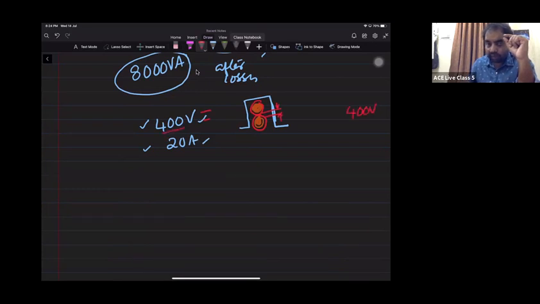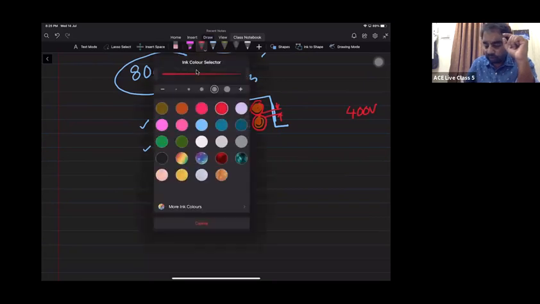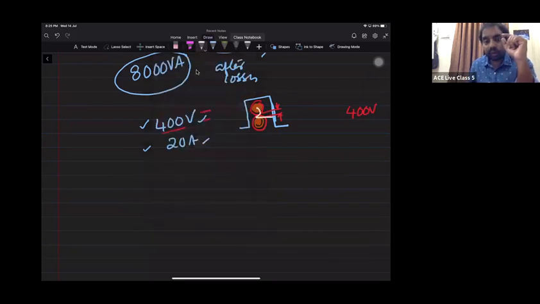What does the nameplate say? My dear customer, my dear end user, please see that you are not applying a voltage of more than 400 volts. The reason is, if you apply more than 400 volts, the insulation coating on the conductor may not be able to withstand such high voltages, and a flashover occurs.